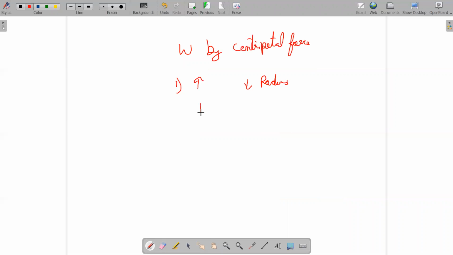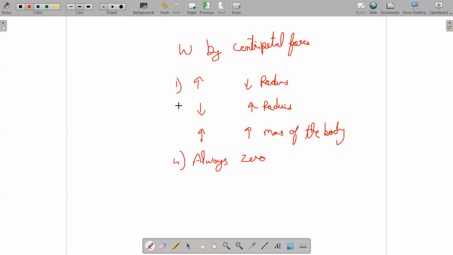Second is decreases by increasing the radius of the circle. The third is increases by increasing the mass of the body. You could see it on the screen, right? And the fourth one is always zero.